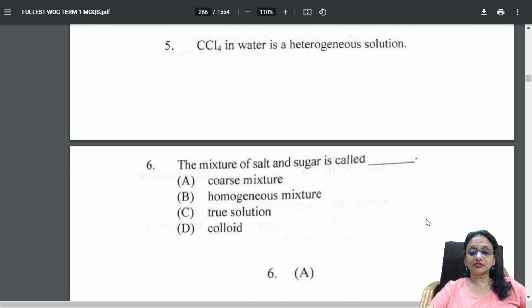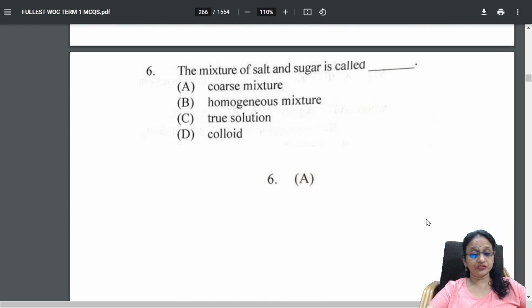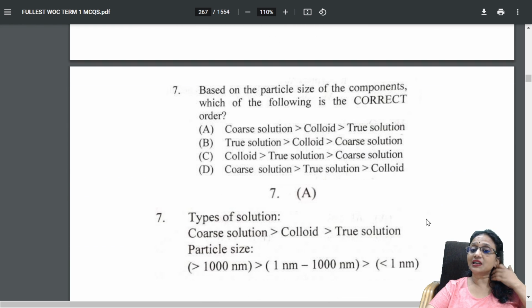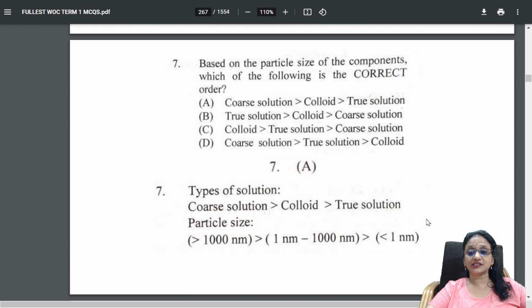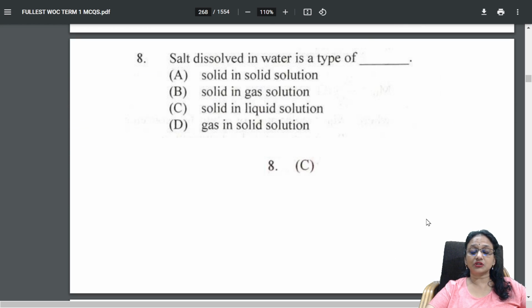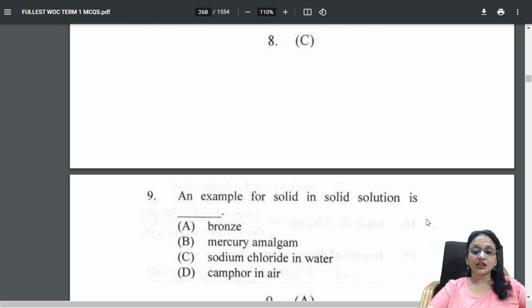Questions can be asked from any corner of your NCERT. Read carefully. Based on the particle size, the question is asked like this. Based on the table, the solid will dissolve in what, based on the dispersed phase and the dispersion medium. The question is asked like this.